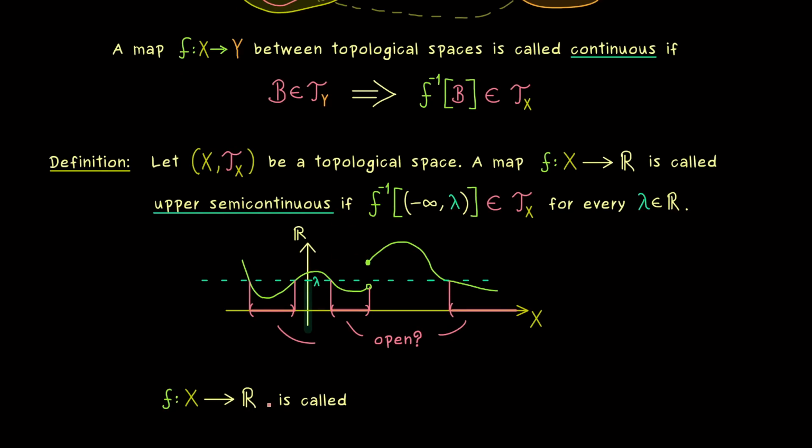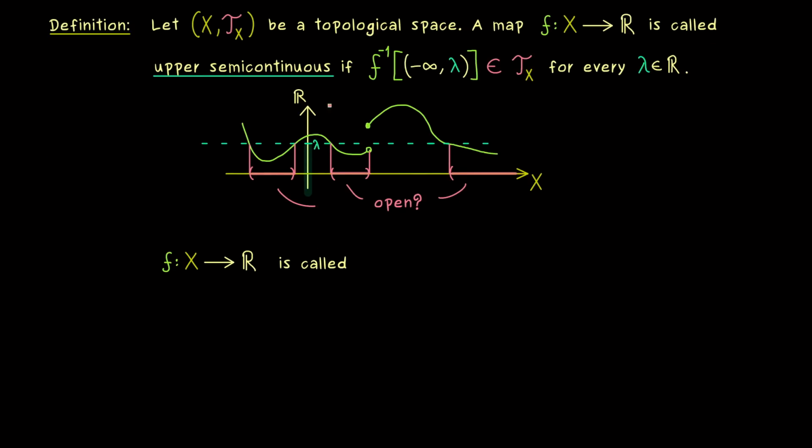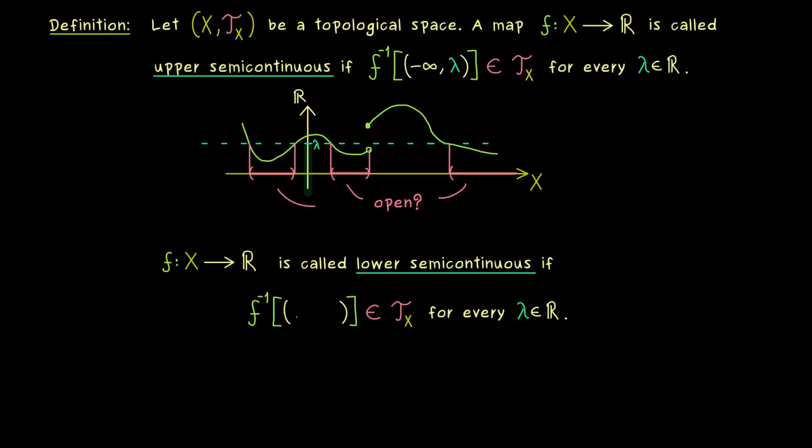Hence it might not surprise you that we also have a term that we call lower semi-continuous. And obviously there, the jump point from before has to be on the lower level. And more concretely in the formula, now we would look at the pre-image of the interval from lambda to plus infinity. And as before, we want that this pre-image is open no matter which lambda in R we choose.